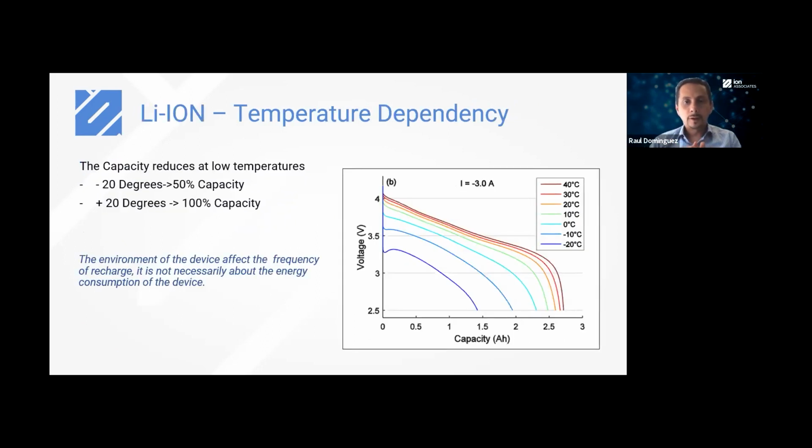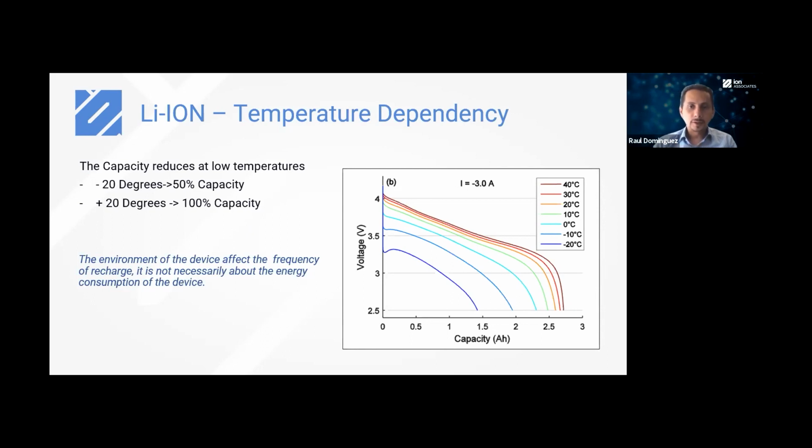Also, one of the more known technologies is lithium right now. With lithium and almost all the batteries, we need to consider also the temperature. So the rating and the capacity is almost always at 20 degrees. 25 to 27 is the optimal condition for many devices. Below that, the capacity is diminished.